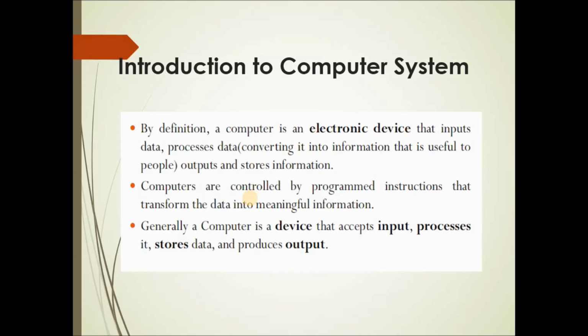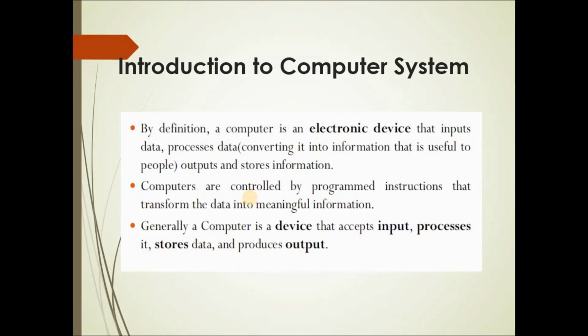Data is the input that you are giving from the keyboard or any other input device. After processing over the data, it will give the information, that is the meaningful result. About data and information I have prepared one slide for you, so I will discuss later.